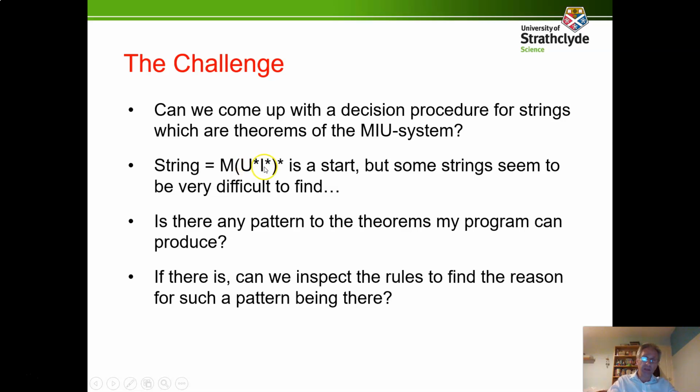But the problem is that some strings seem to be very difficult to find. Try finding MUU, for example. Try finding M with 3 I's after it. You might find they're quite tricky. Is there any pattern to the theorems that my program might produce for me? Can I inspect the rules that I've got to find the reason for the pattern being there? So that's the challenge that we're going to try to face.